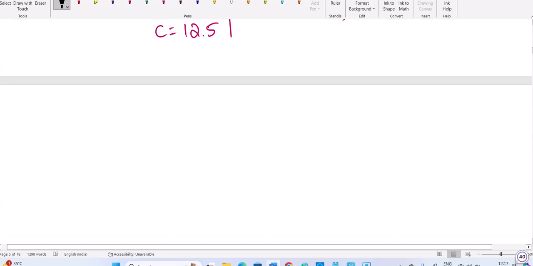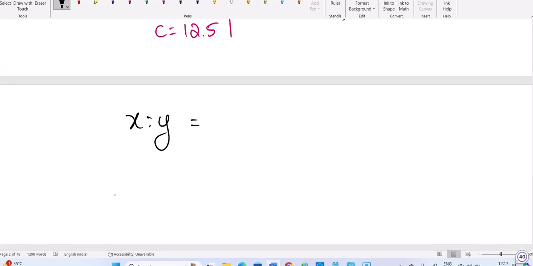One example related to the decimal part. Let us say you have two values x and y, and the ratio is 0.2 to 5. Now we need to convert this into integers. Before proceeding to the question, always keep in mind you need to convert into integers for better answers.